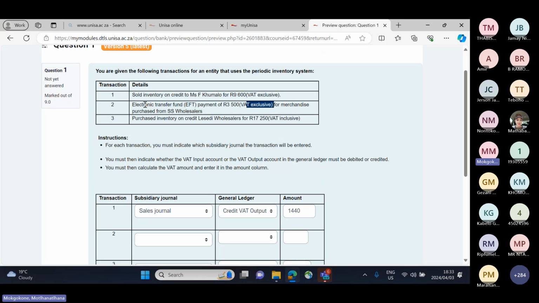I'm saying on the second transaction here, the business made a payment of 3,500 VAT excluded for merchandise purchased from SS wholesalers. Here the business purchased trading inventory for cash. They paid via EFT.